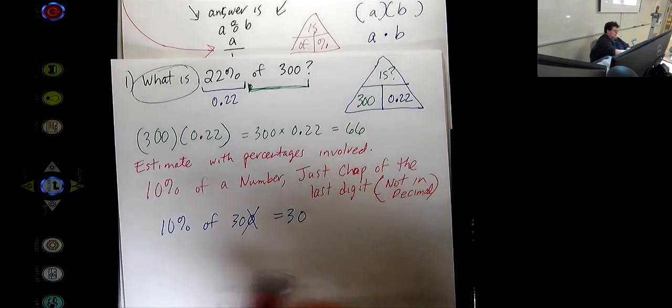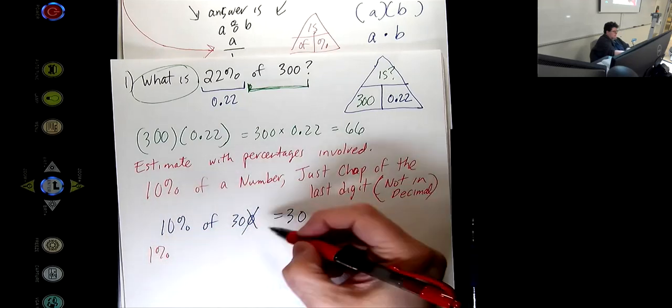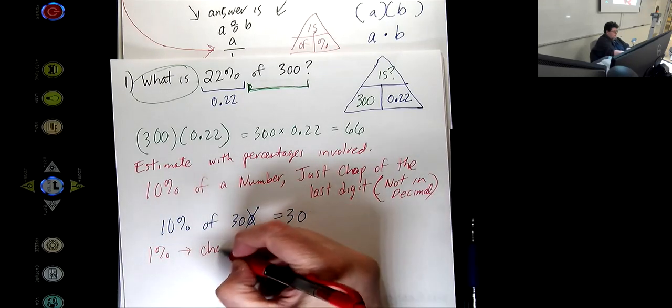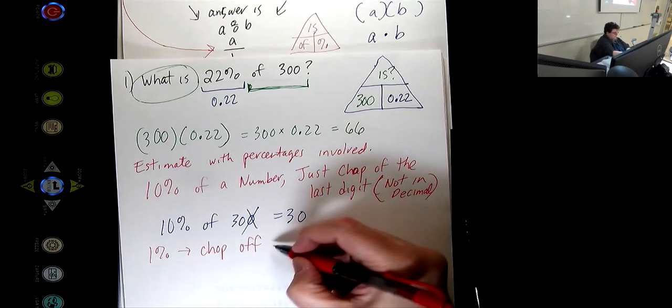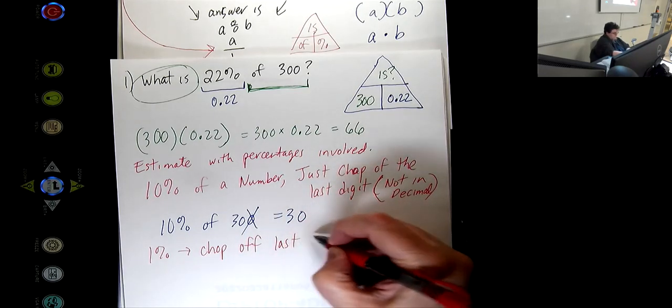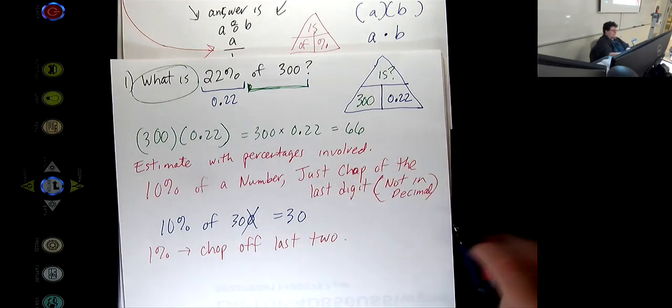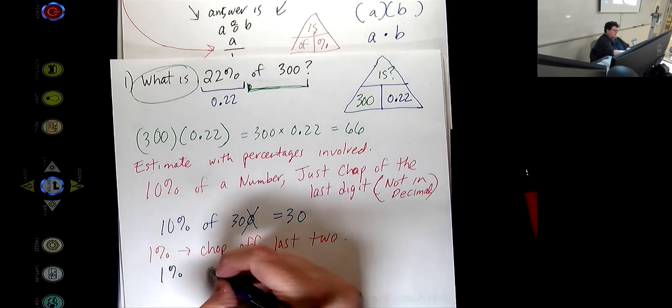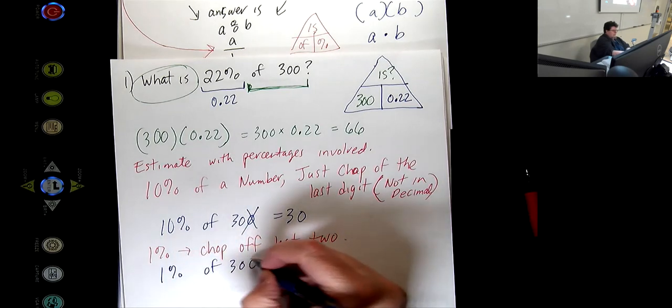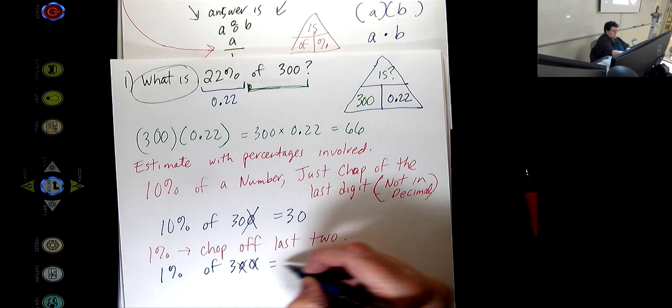If you do 1%, it's chop off the last two. So 1% of 300, I chopped the zeros and I got 3.